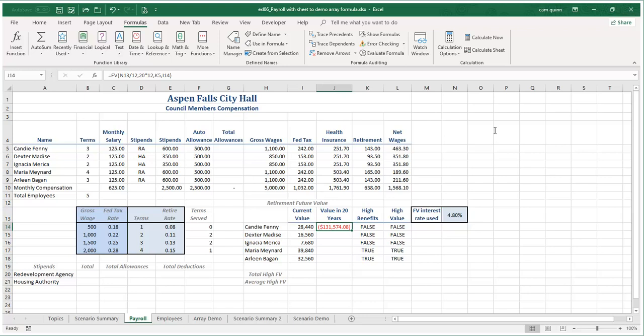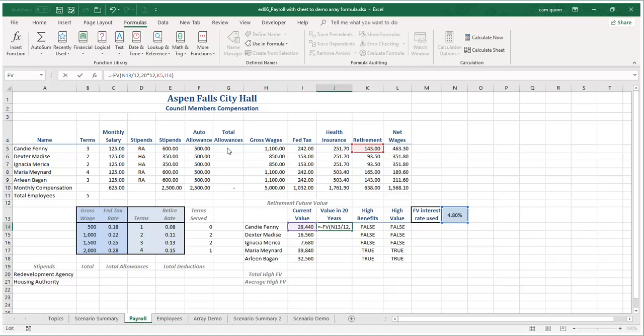Just so you understand, in Excel, whenever you are doing calculations on future value or payment, it'll always show your result as a negative number. So to change it from a negative to a positive, I'm going to go up to the formula bar and simply put a negative sign in between the equal sign and the F of future value. If you want to change a negative number to a positive, you multiply it by negative 1.